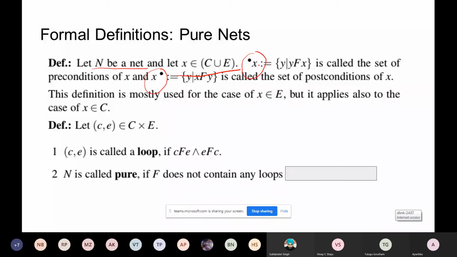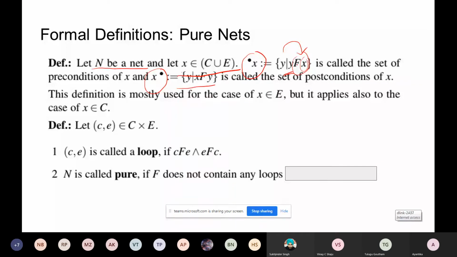These define the preconditions and post conditions. This is dot x, called the set of preconditions. To satisfy this x and maintain this flow condition, you need to have these preconditions. And similarly you define the post conditions.